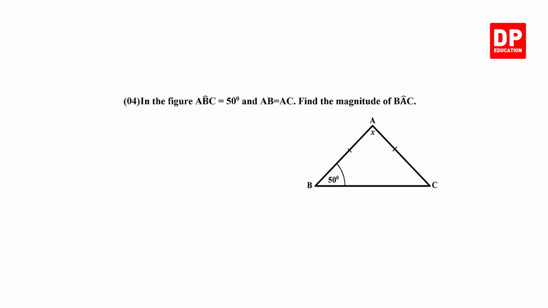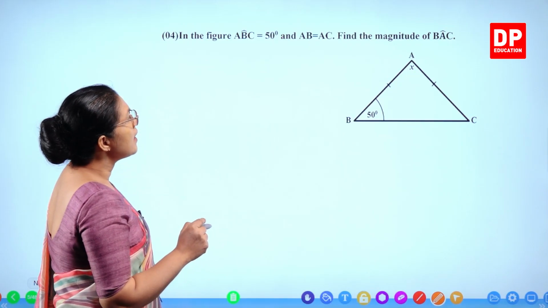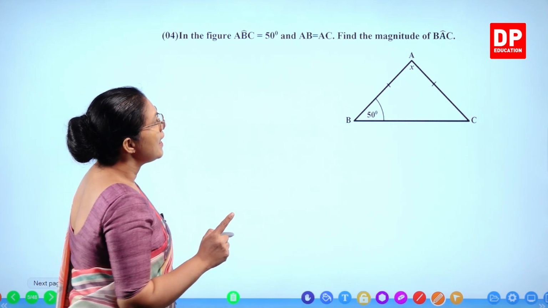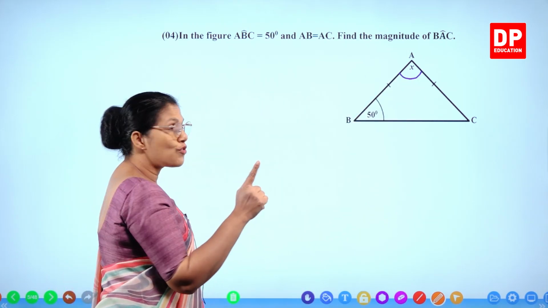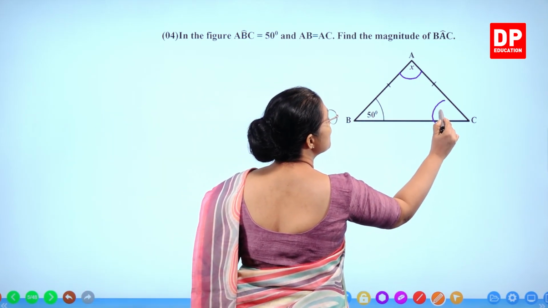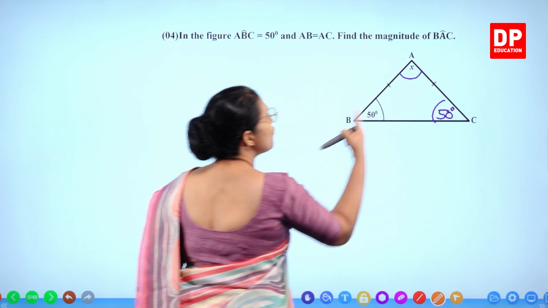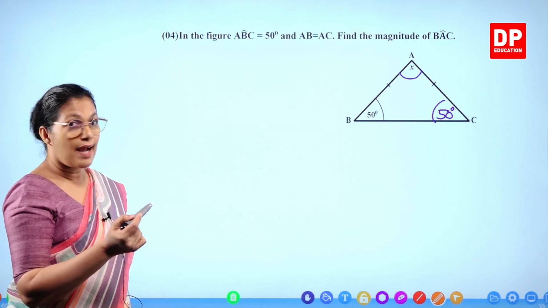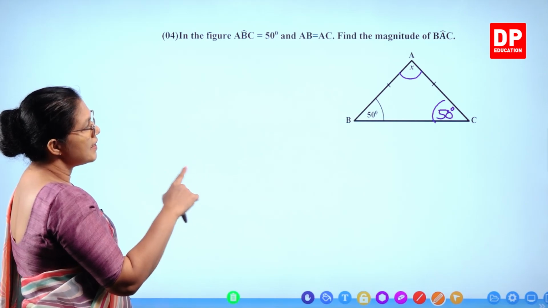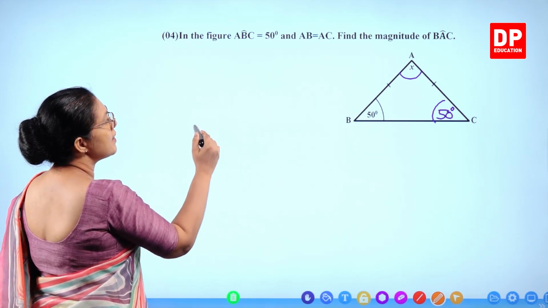Question number 4. In the figure, angle ABC is 50 degrees and AB equals AC. Find the magnitude of BAC. That's the x value. This is an isosceles triangle, so if this is 50, this is also 50. How do you find the x angle? The sum of angles in a triangle is 180, so 180 minus these 2 angles.